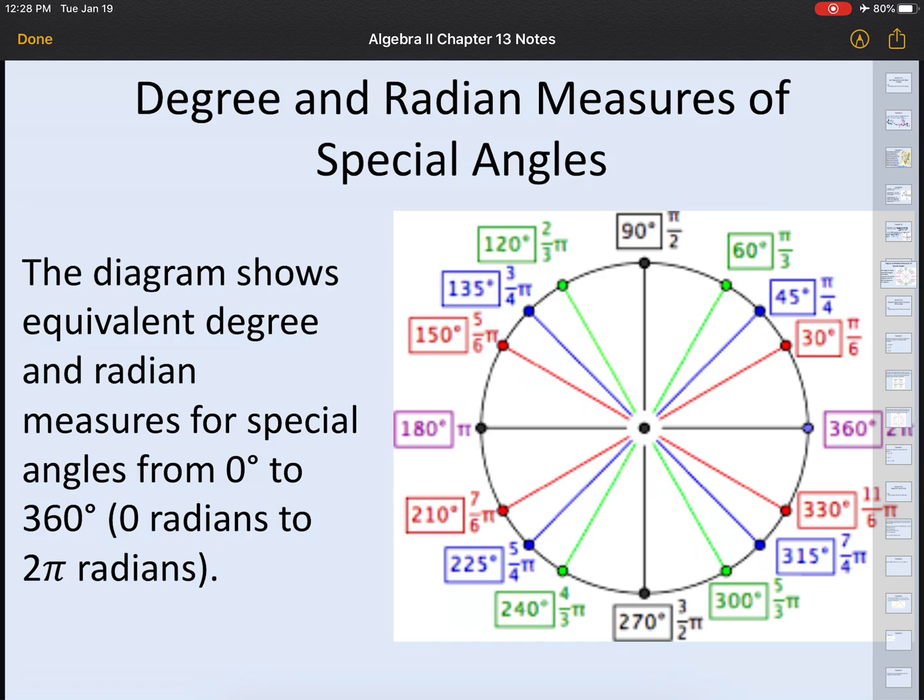Here we have their corresponding radian measures. So they are equivalent degree and radian measures all the way from 0 degrees to 360 degrees, which is the same thing as 0 radians and 2 pi radians. So it's very good to memorize these according to this circle here.